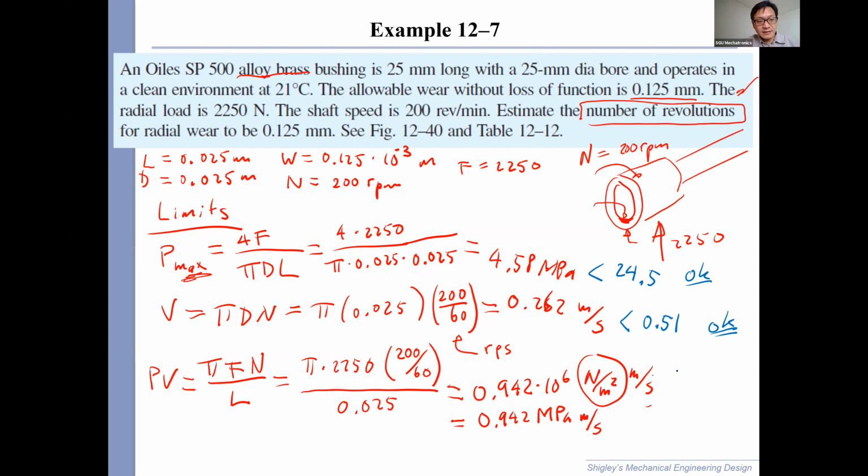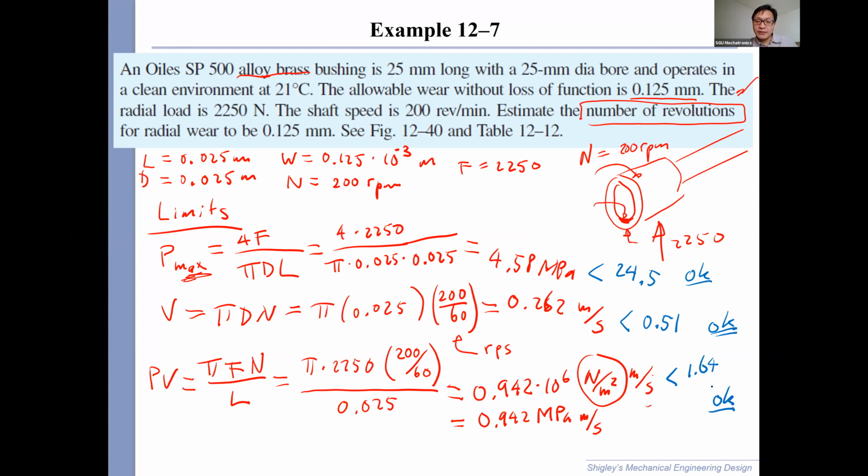This is less than 1.64 MPa meters per second, right? Make sure the units are the same when you compare. They're okay. So the application we have right now will not fail the bushing immediately because it is still within the specification given. Any question on the limit evaluation?